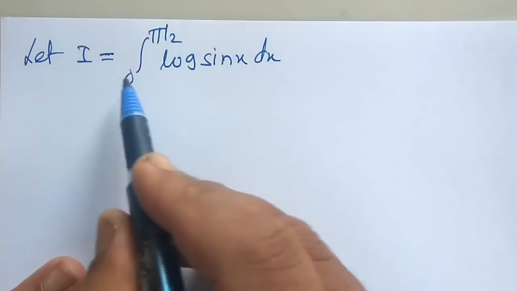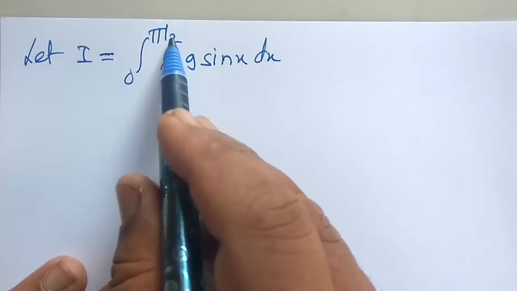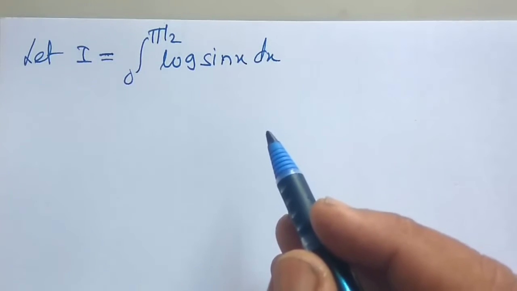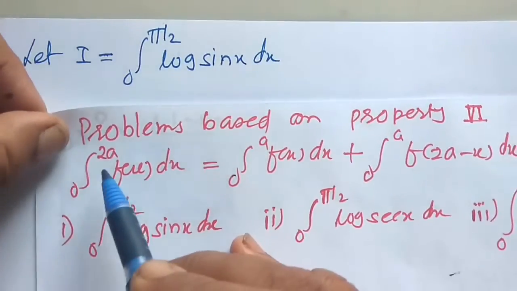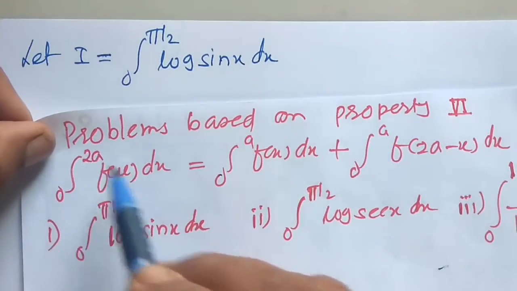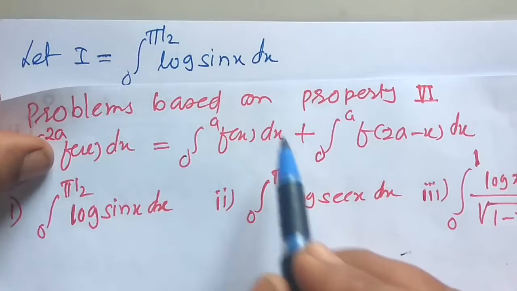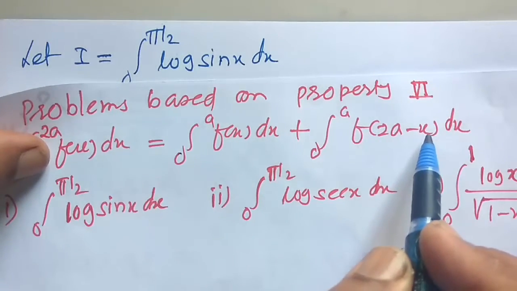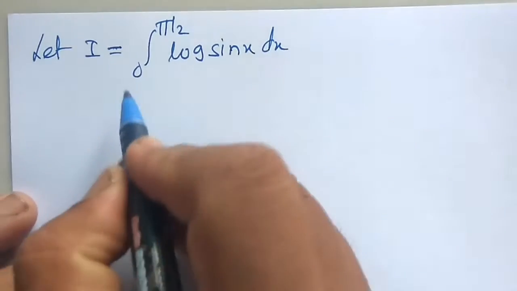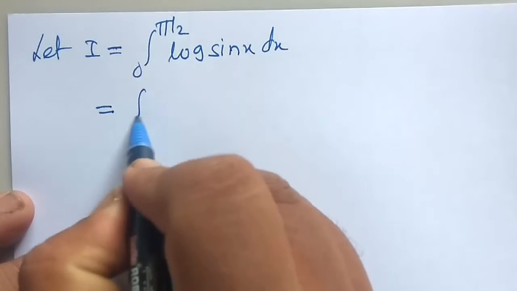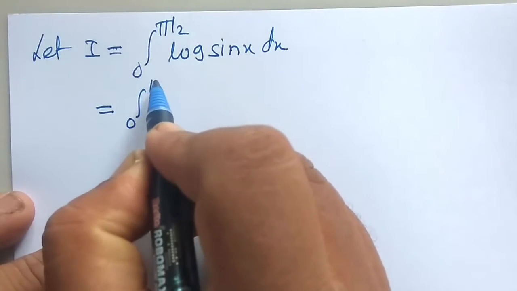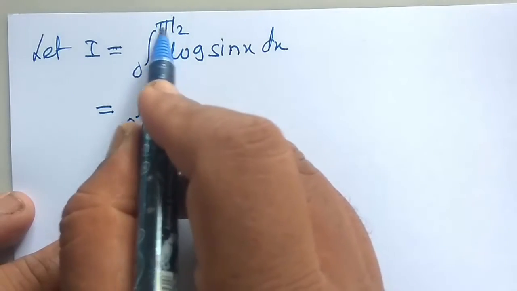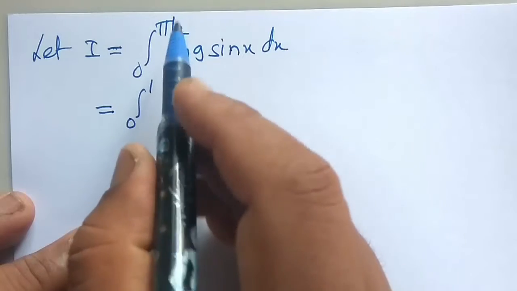Let us denote I as integral 0 to pi by 2 log of sin x dx. Using property number 6, integral 0 to 2a f of x dx is equal to integral 0 to a f of x dx plus integral 0 to a f of 2a minus x dx, it becomes, since 2a is pi by 2, a is pi by 4.